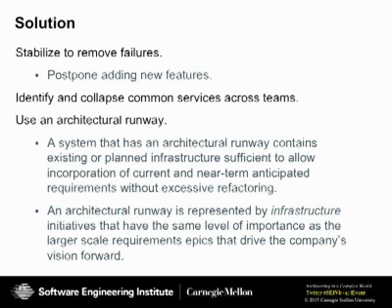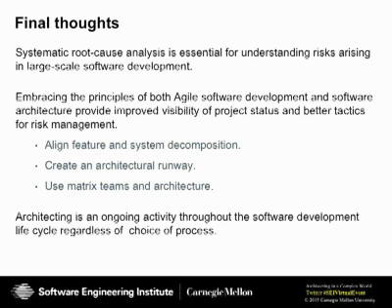So to end with some final thoughts, if you're seeing issues, I think we all fall into that trap. Rather than blaming either the software development approach you're using or the technology or the team members or whatnot, step back and do a systematic root cause analysis.